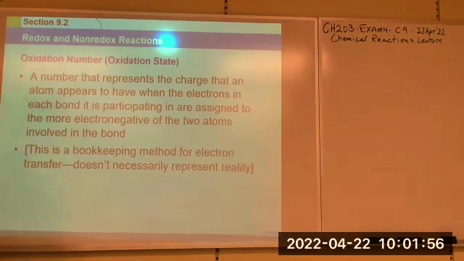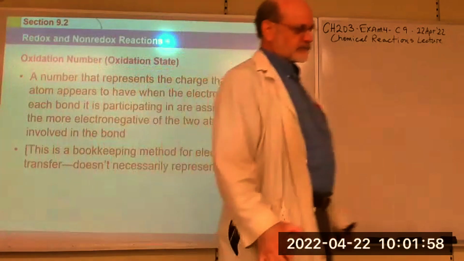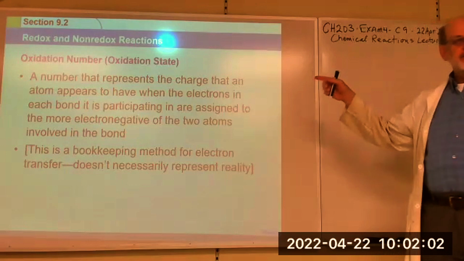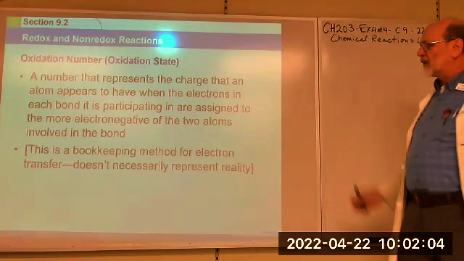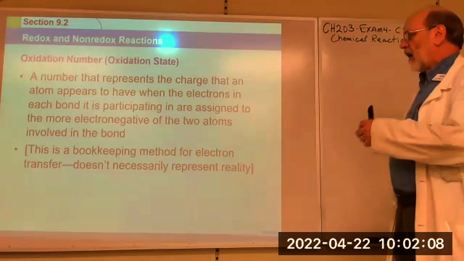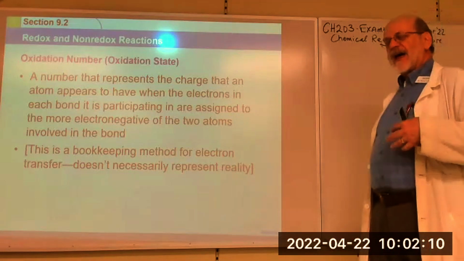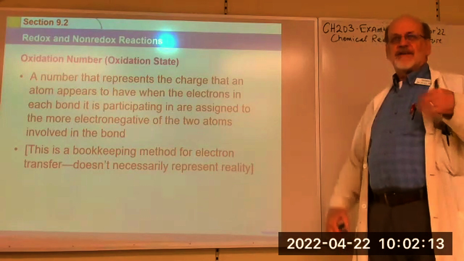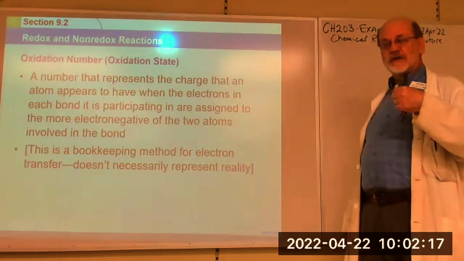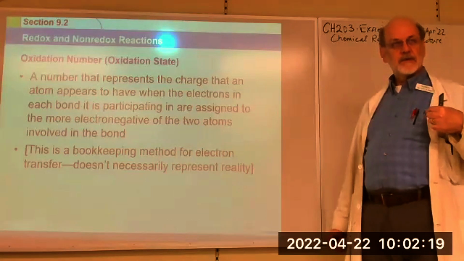There's a bookkeeping scheme, and it employs oxidation states, sometimes oxidation numbers, which you'll see them called. And all it does is it assigns a theoretical charge to each of the elements in the reactants and products.